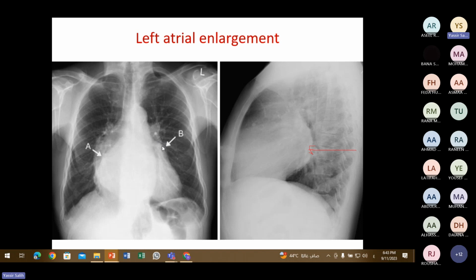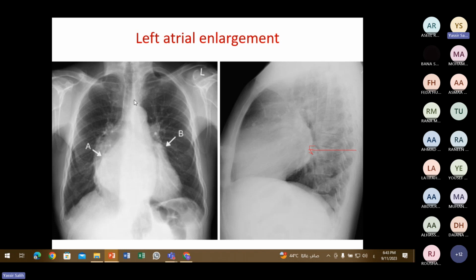Straightening of the left cardiac border, double right cardiac border, as we said. This is the enlarged left atrium, but we also have the normal right cardiac border that is originally present. So this is the first wall, this is a border, and this is the second border. The second border is normally formed by the right cardiac border, but the other one is abnormal, formed by the enlarged left atrium, and splaying of the carina.